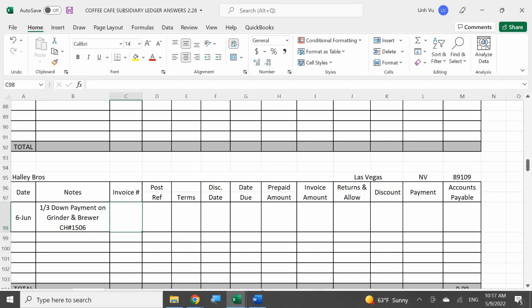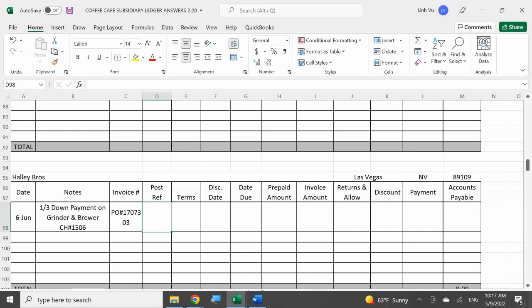But our other proof too is that it was on our purchase order number 1707303. Our purchase order also is proof that we submitted to them, so therefore we made an agreement to make a third down payment on the actual invoice.